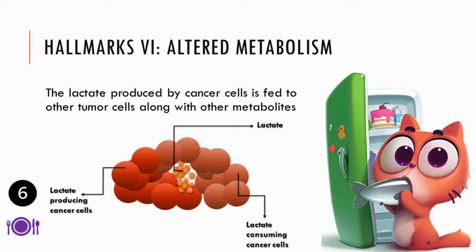But this phenomenon also occurs in normal physiological function. Let's say, for example, in your muscle cells, when you're working out and you run out of energy, your muscles instantly shift to anaerobic metabolism and you get a short boost of energy.